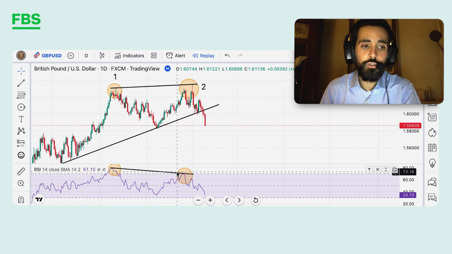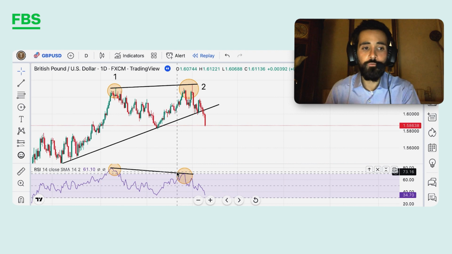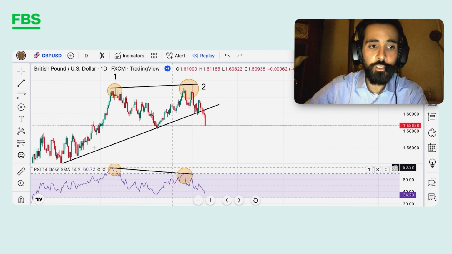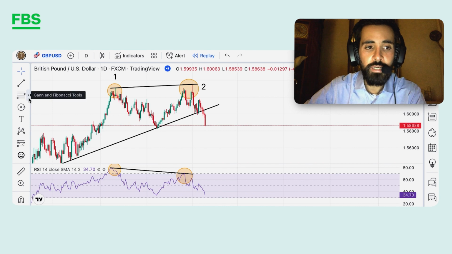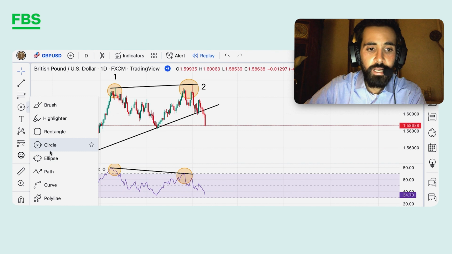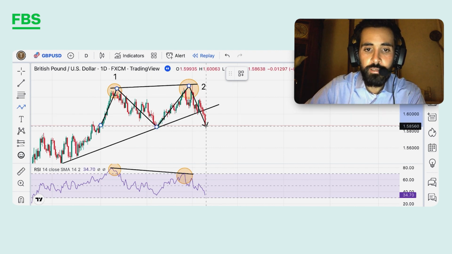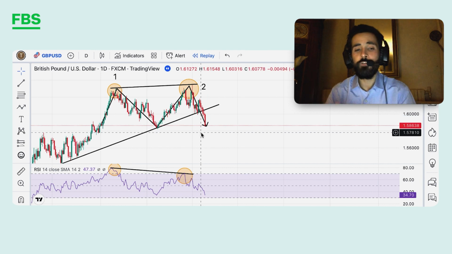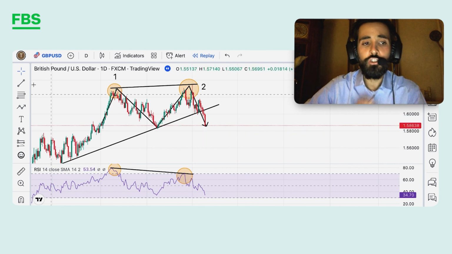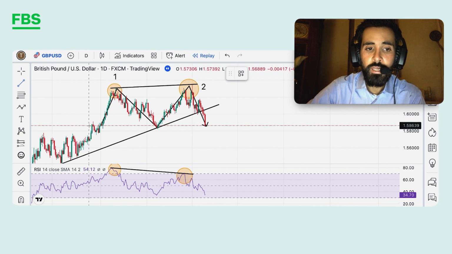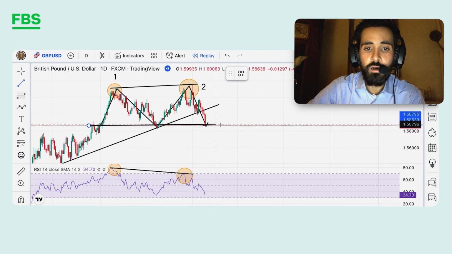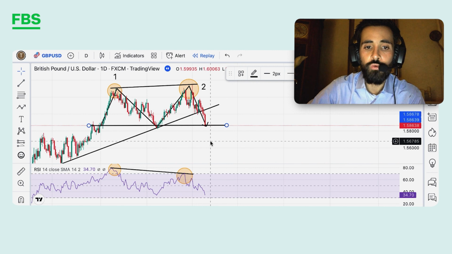Now, I'm not going to focus on the topic of technical analysis patterns very much, but as you can see right here, we have actually formed what is known as a double top, which is a reversal pattern, alongside a divergence. So a double top pattern confirmed by a divergence is a very strong indication that prices are most likely going to reverse.